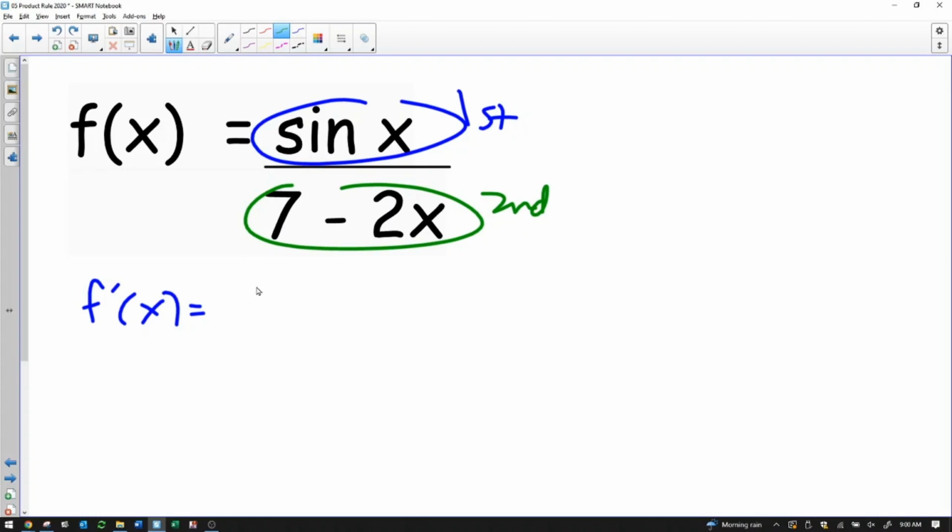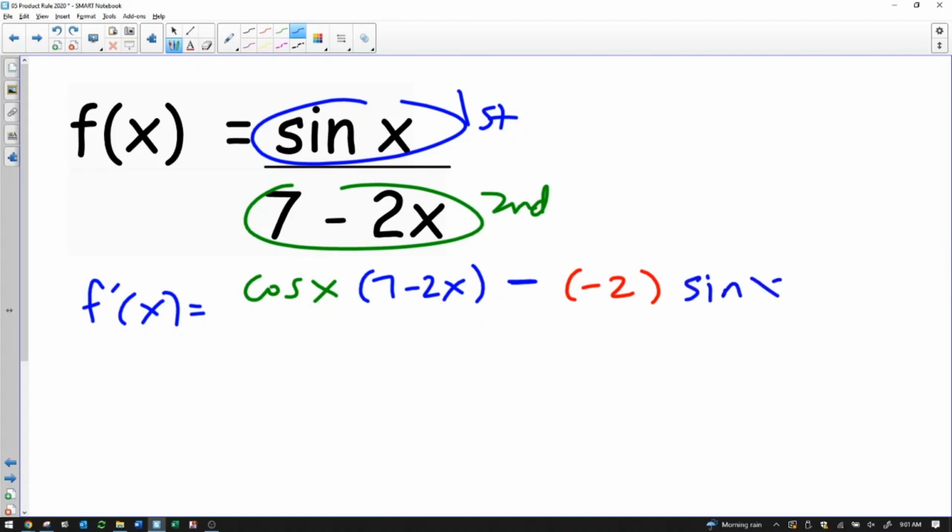You're going to do the derivative of the first times the second, the whole second, minus, this is a quotient rule, the derivative of the second. What is the derivative of 7 minus 2x? Negative 2 times the first. Let me check this.